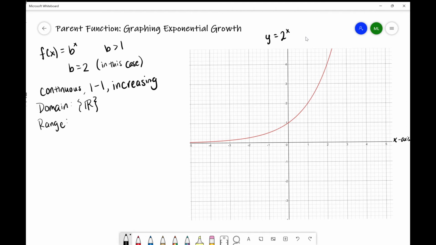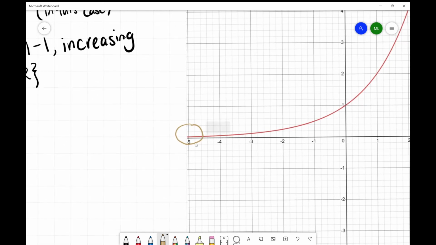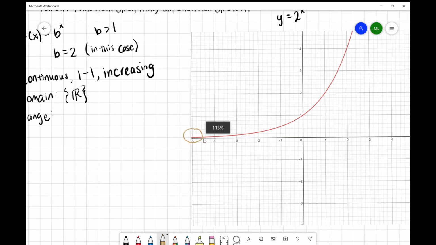Let me show you here on our graph. We can see that it doesn't quite touch it, even if you were to zoom in. If I could zoom in for a little bit, see what's happening? It doesn't quite touch it. Of course, you don't have to do this, but you can infer it.